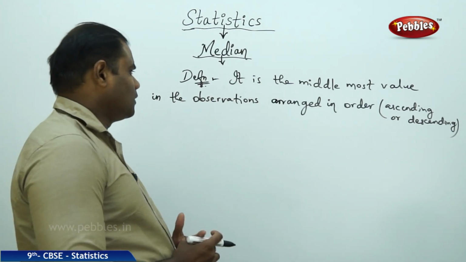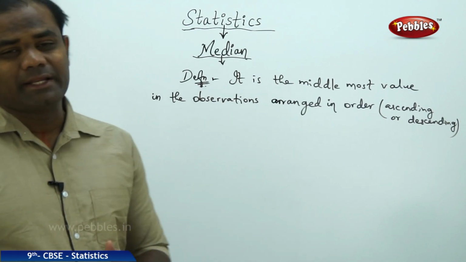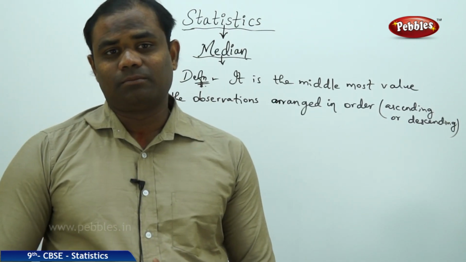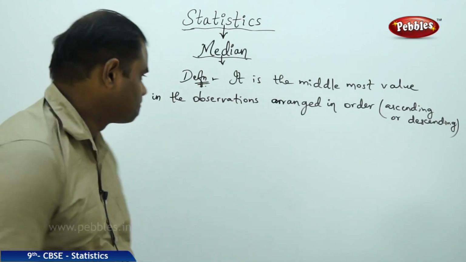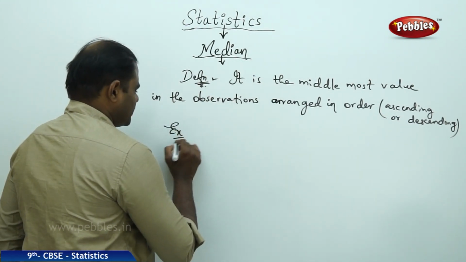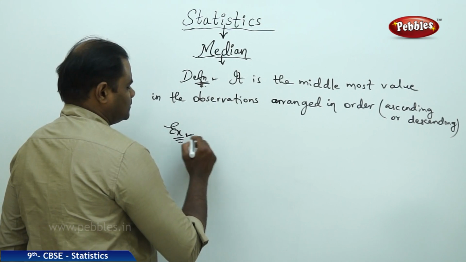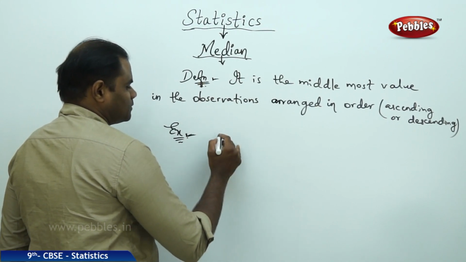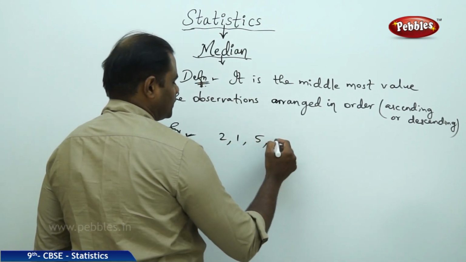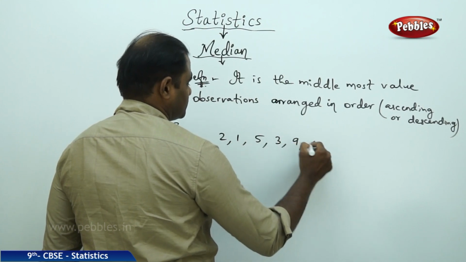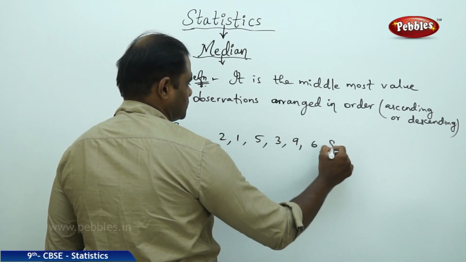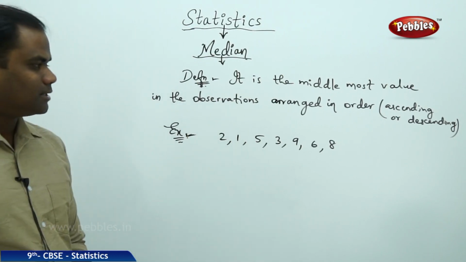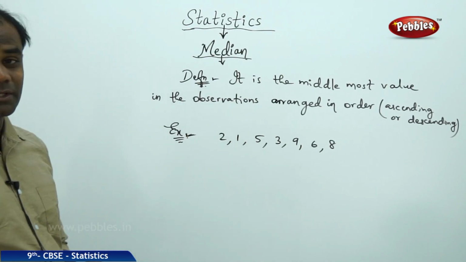So let's see how the middlemost value is identified through an example problem. For example, I have the observations 2, 1, 5, 3, 9, 6, 8. Now this data is not in ascending or descending order.